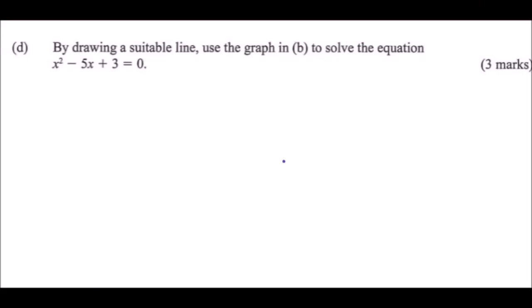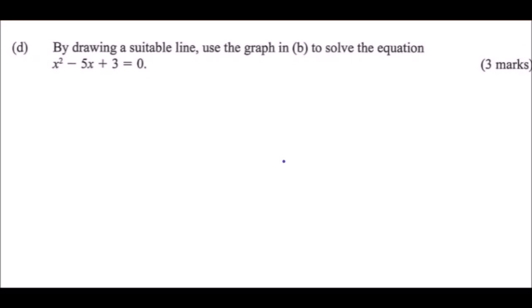Of this question, we are told, by drawing a suitable line, use the graph in B to solve the equation. So this is the equation, x squared minus 5x plus 3.